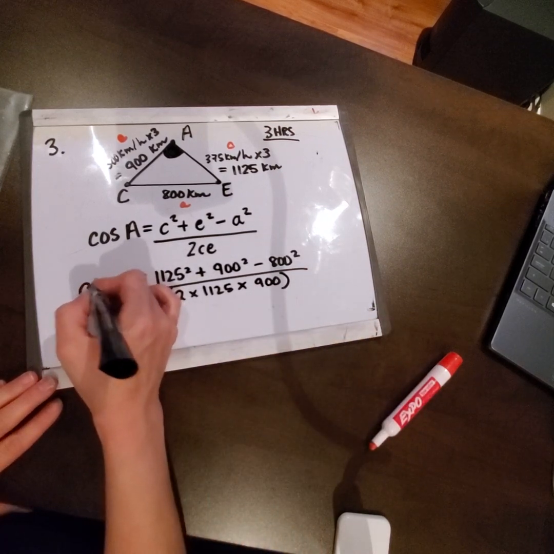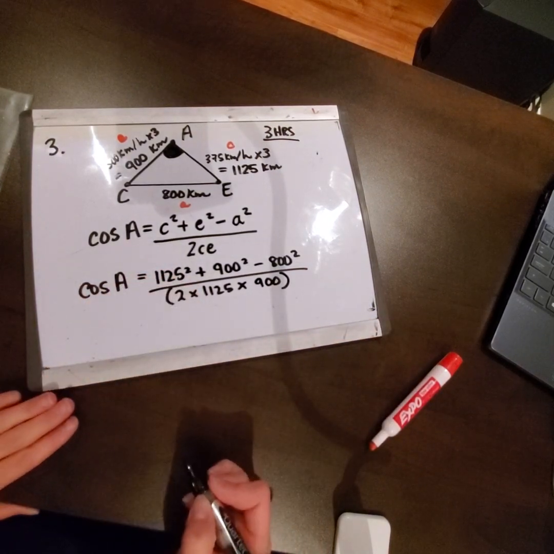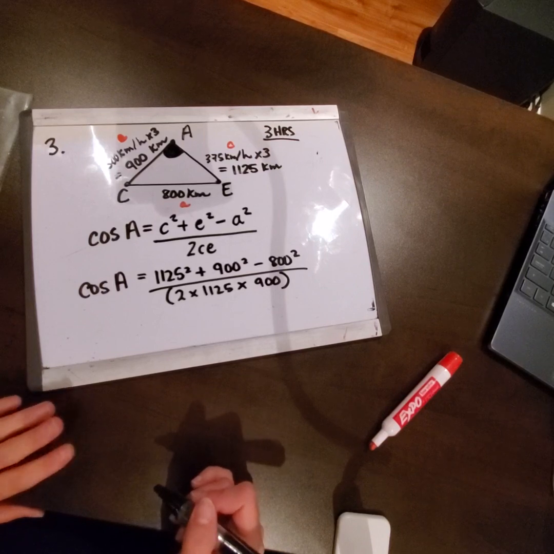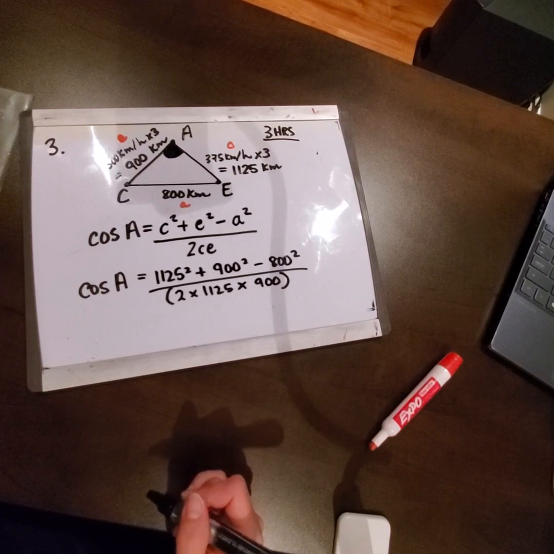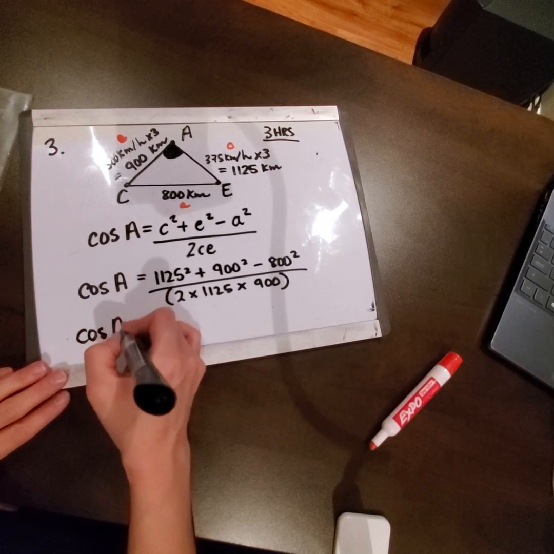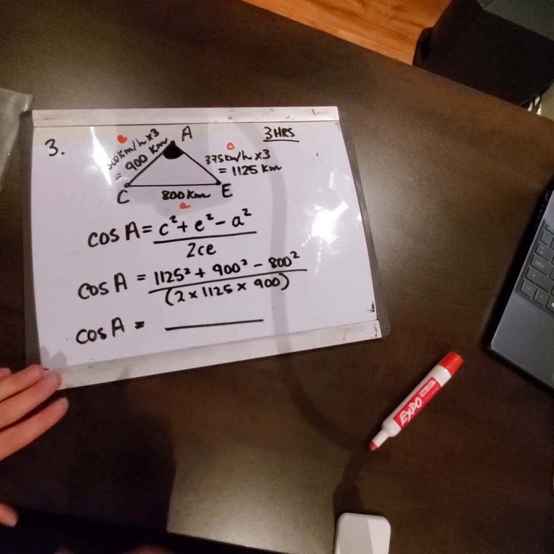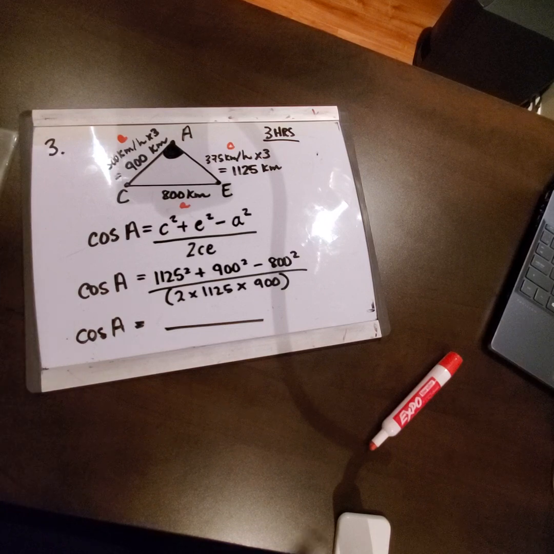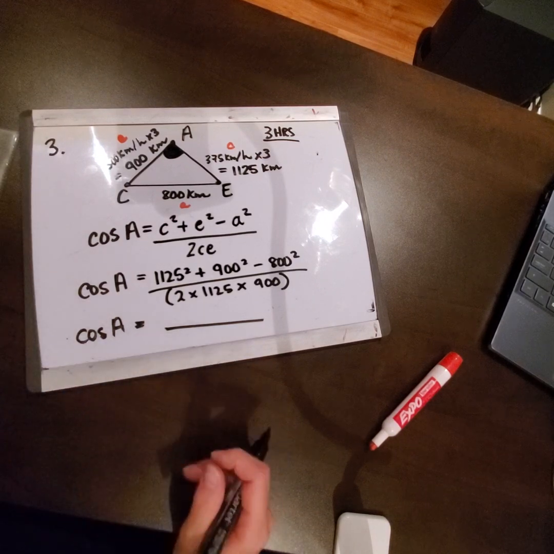Okay, this is the cos of A. As I said before, you don't have to include this next step. You could go right to the final answer and I would be okay with that. If you do want to include this step, just because your calculator won't allow you to do it all in one step, that's absolutely fine, folks. Just minimize your chance of error here. Get me to the right answer.